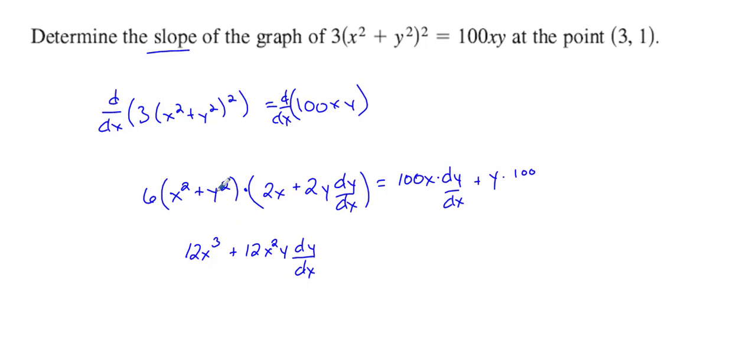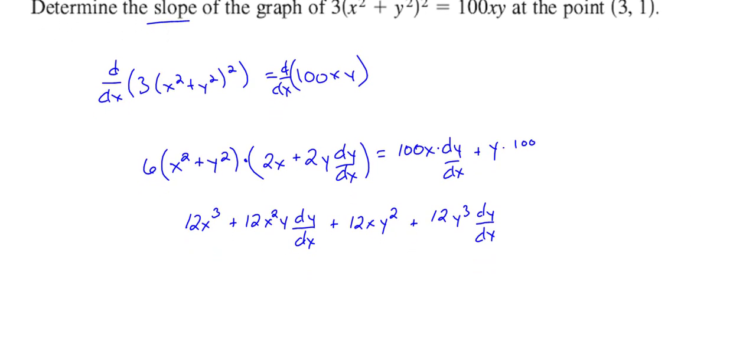All right. 6y squared times 2x, that'll be 12xy squared. 6y squared times 2y dy dx. Is that 12y cubed dy dx? A little bit of algebra 2 on steroids.